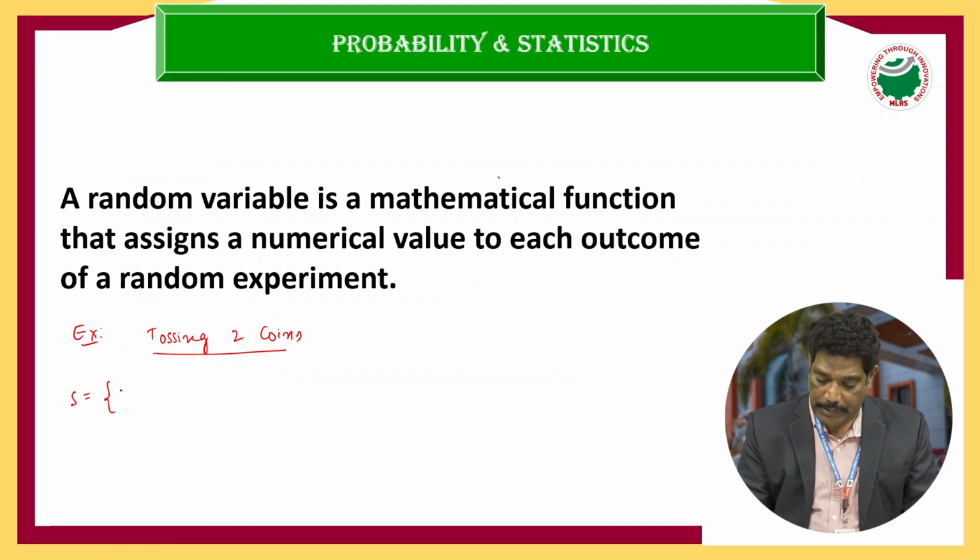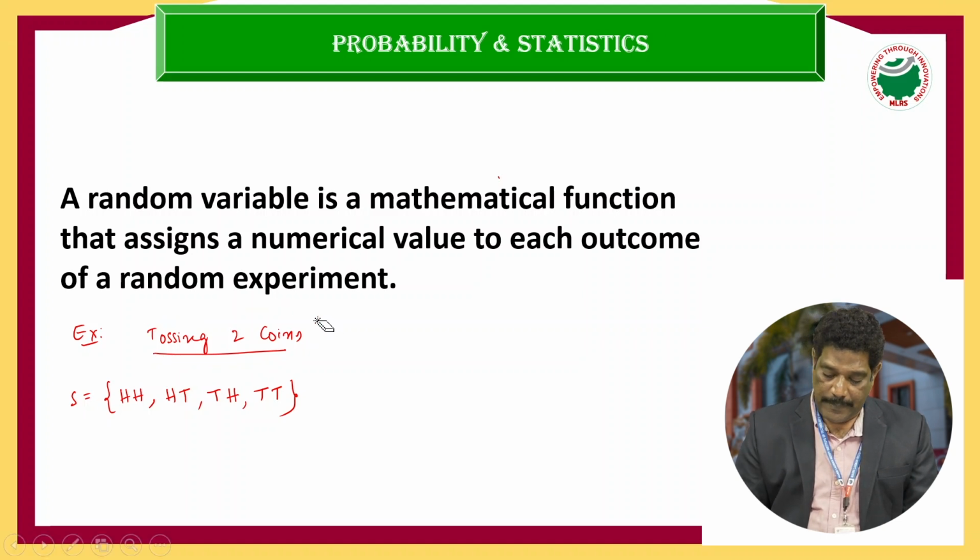Both the coins you may get a head, or one will be head and the other tail, or the first coin will fall tail and the second coin head, and next, both coins tail. So these are the four chances when we are tossing two coins.